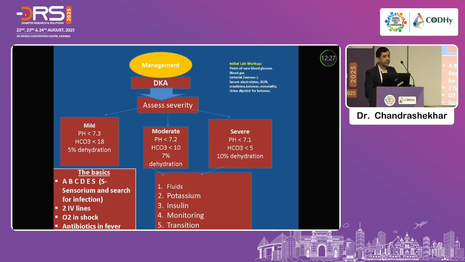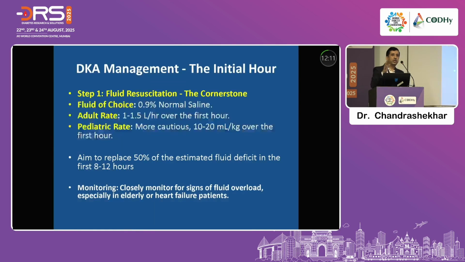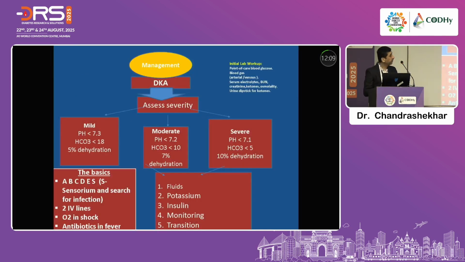Then blood gas analysis, preferably arterial, but venous will also do. Venous pH is quite helpful in type 1 DKA. Then serum electrolytes, KFTs, osmolality, and urine dipsticks for ketones. This is the first action we need to do right in the beginning.